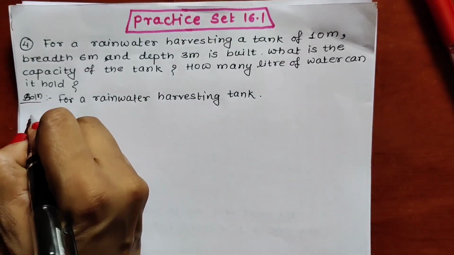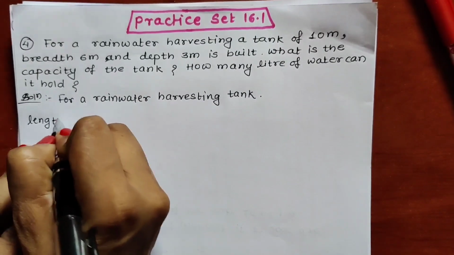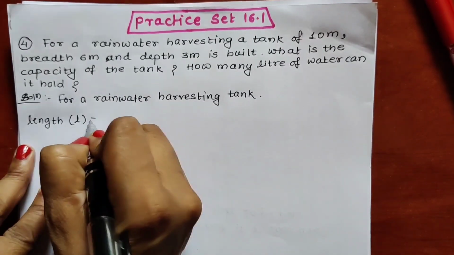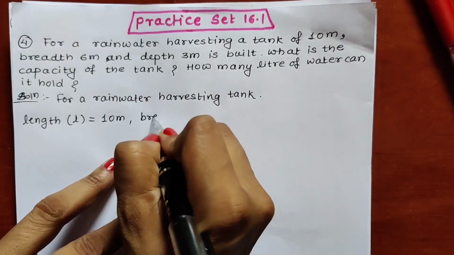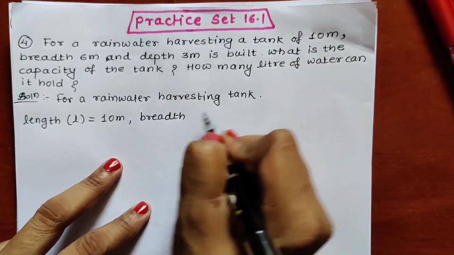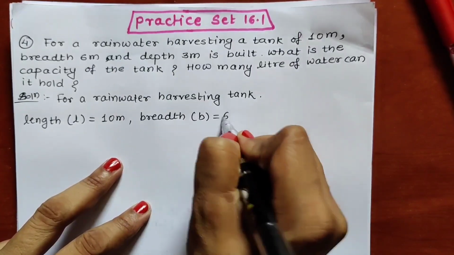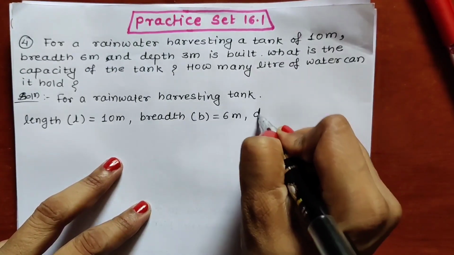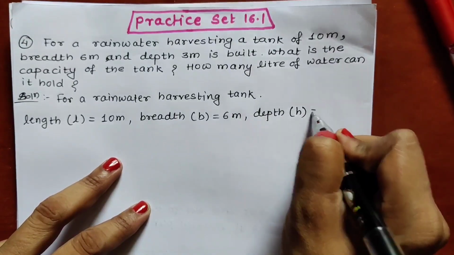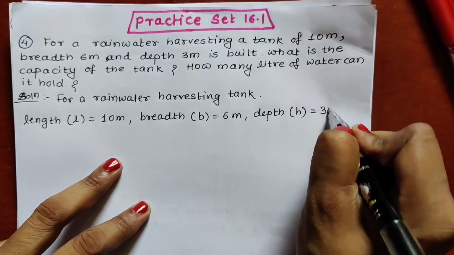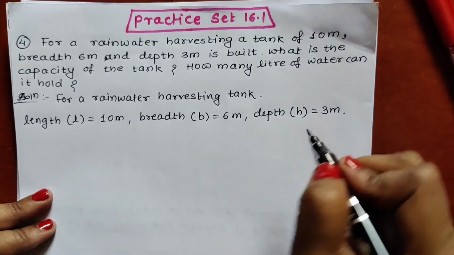What is given to us? Length L is equal to 10 meter, breadth B is equal to 6 meter and depth, means height, H is equal to 3 meter. So we will first find out volume of tank.